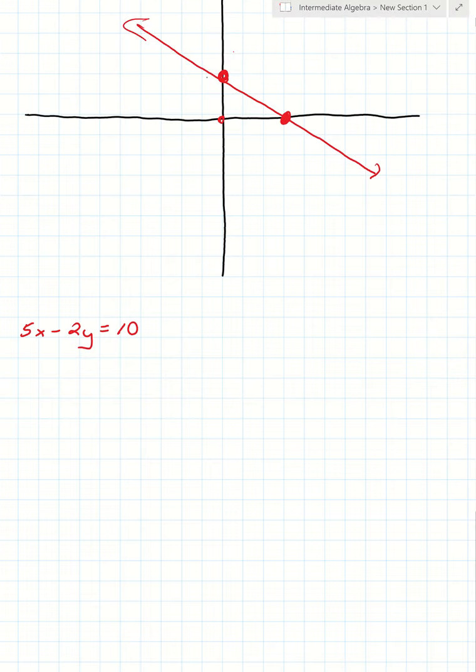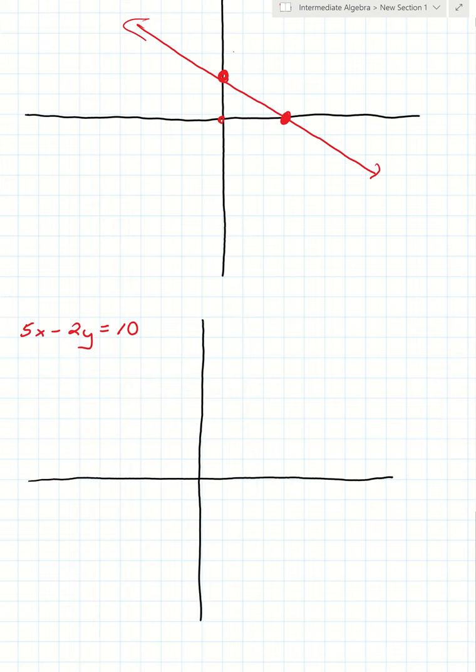Well, let me start by graphing my coordinate plane. Let me put up my x and y axis. Here's the x, here's the y. Once again, let me label my equation ax plus by equals c. I first want the x-intercept.